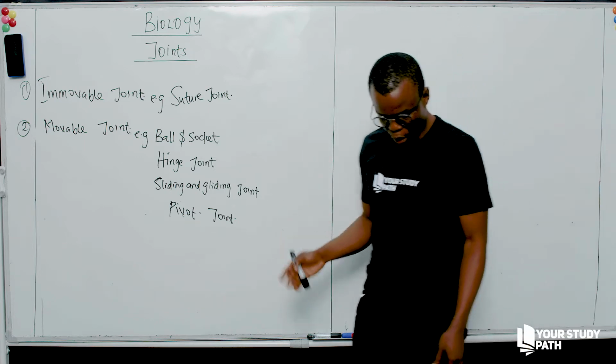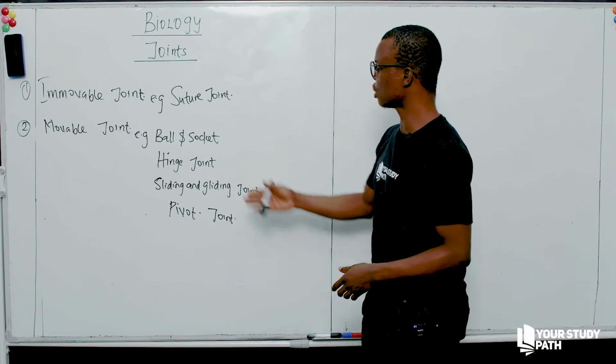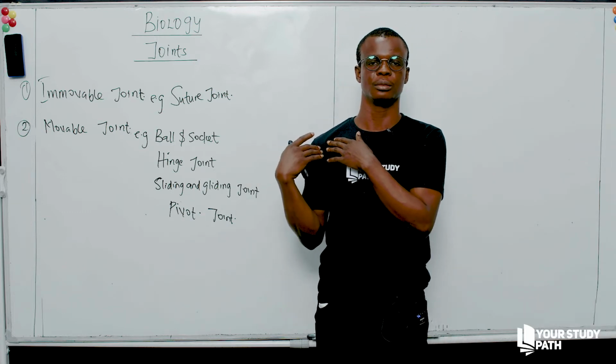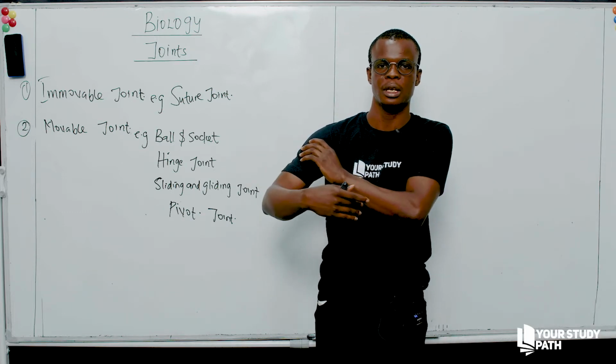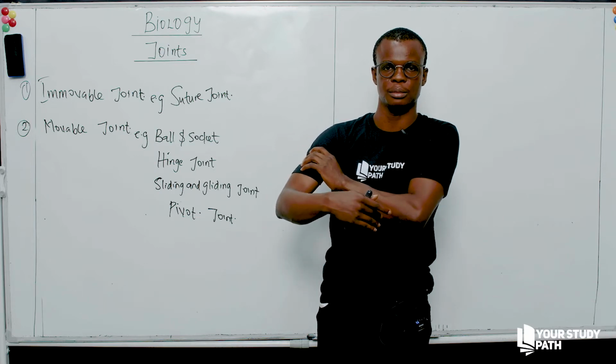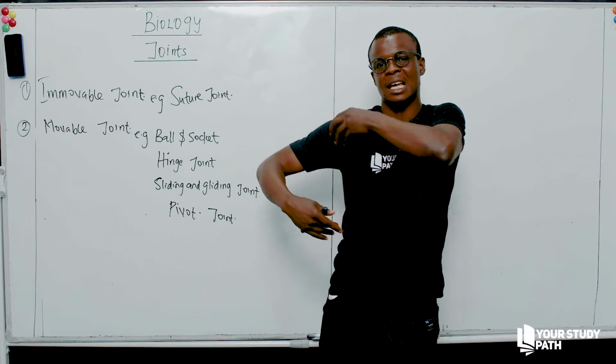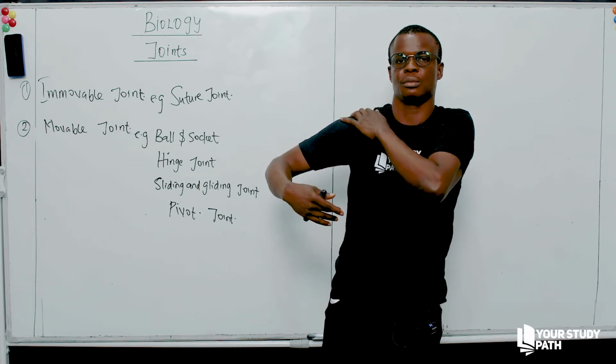Number one is the ball and socket joint. The ball and socket joint is located at the shoulder region. The bone here is called the humerus. So there's an attachment of the humerus to the socket inside the scapular region.